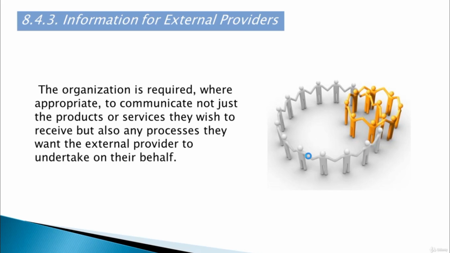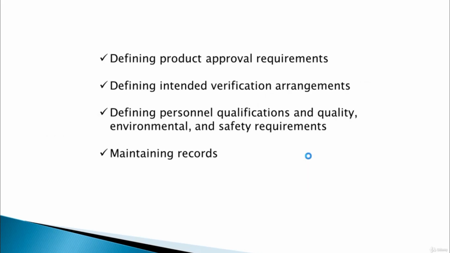So the organization needs to describe the products to be purchased basically by defining the product approval requirements, maybe a certificate of conformity, and by defining intended verification arrangements by maybe witness testing or certification, and by defining personnel qualifications and quality, environmental, and safety requirements, and also describe the products to be purchased by maintaining records.